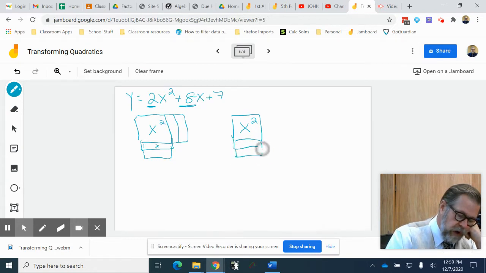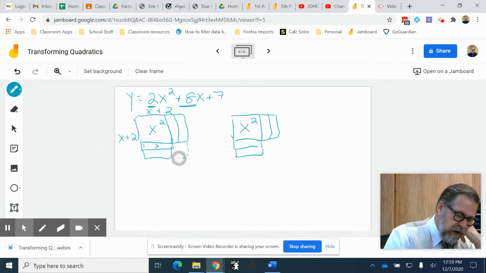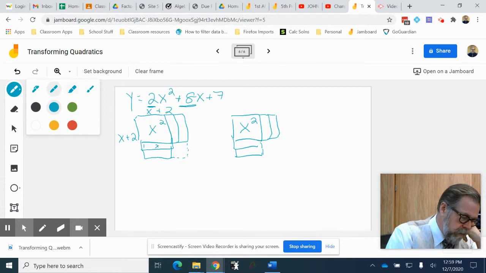4 x's over here. Now, we're not going to have to draw them much longer, but in the meantime, here we go. This is x plus 2. This is x plus 2. And if I fill in this corner here, I'm going to need 4 units to fill that in.